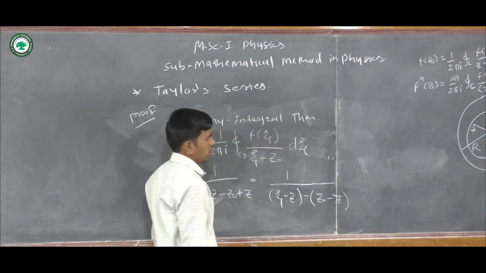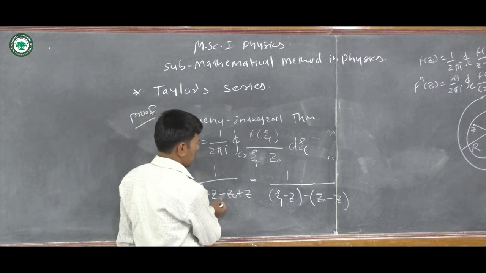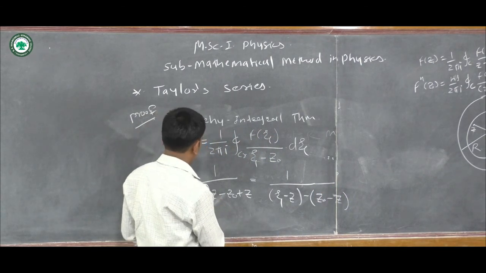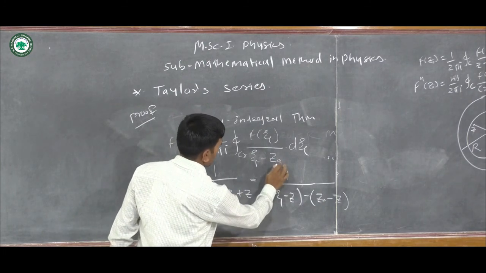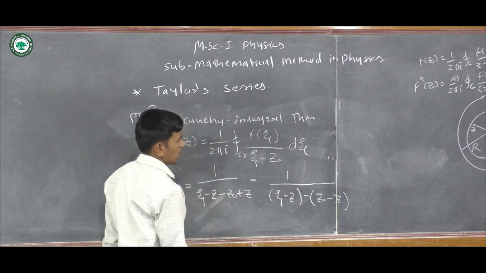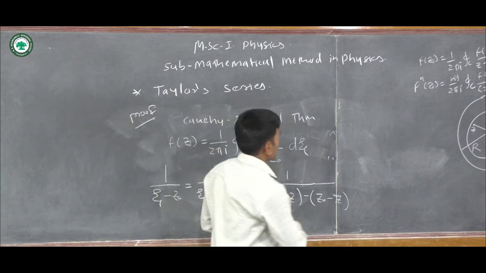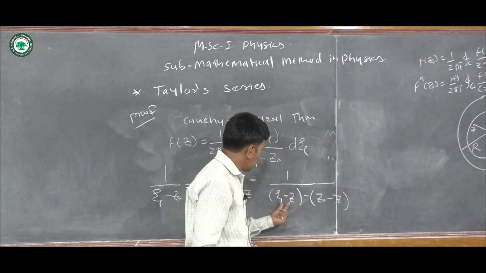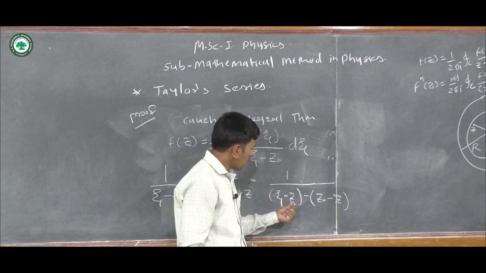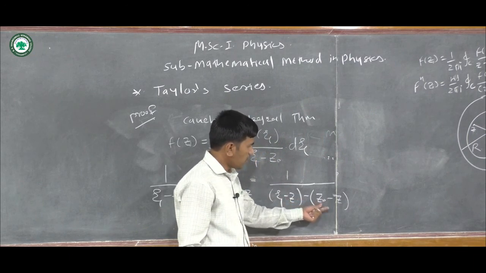Okay, z naught. So these things here is z naught. Okay, z naught minus z. So this is 1 by psi minus z minus z naught minus z1.